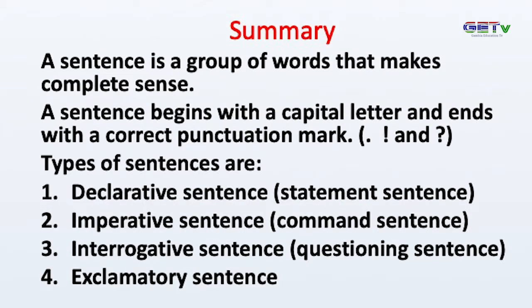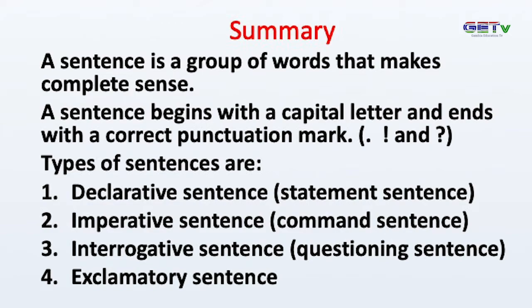Good. So in summary, a sentence is a group of words that makes complete sense. A sentence begins with a capital letter and ends with a correct punctuation mark. These punctuation marks are full stop, exclamation mark, and question mark.